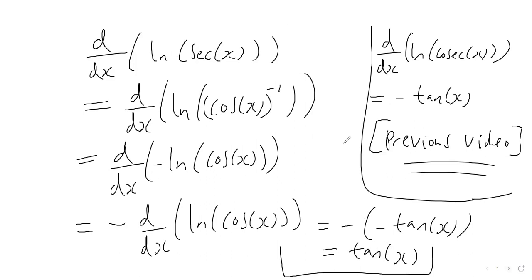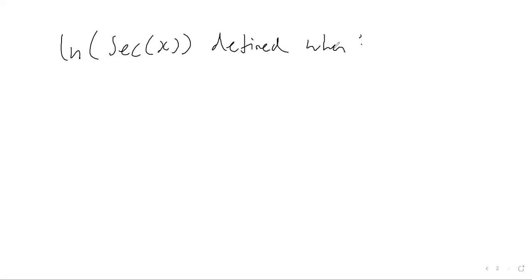Let's just consider, to finish off with, the domain of x values in which this result holds true. Well, in order for ln of sec of x to be defined, we need two things to happen. We need sec of x to be greater than 0, because otherwise the natural log function isn't defined.